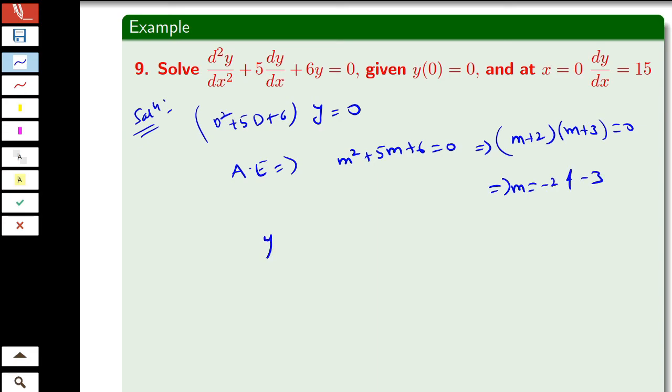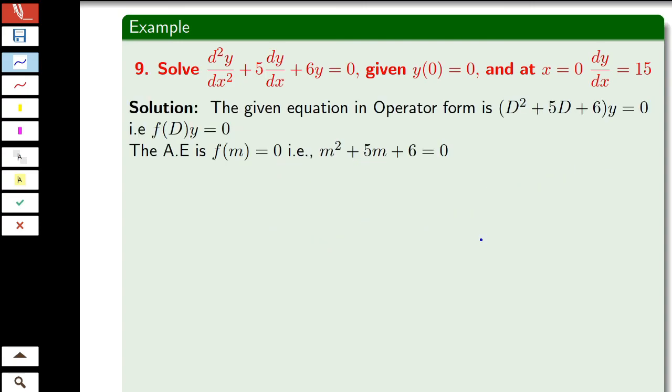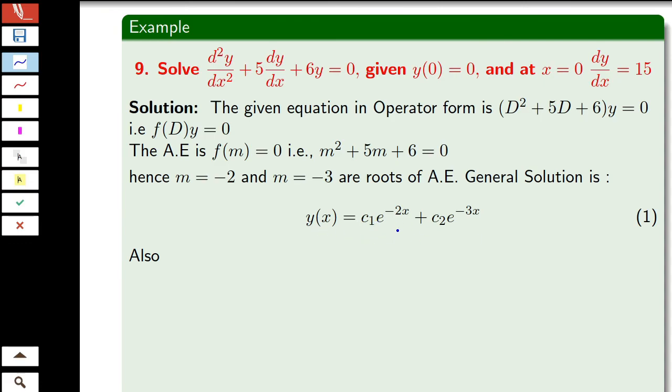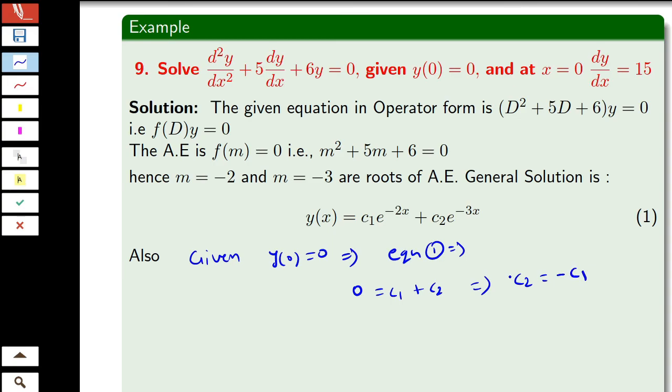Real and distinct, therefore the CF is nothing but c1 e^(−2x) + c2 e^(−3x). This is your complementary function. After getting this, what is given? y(0) = 0. In equation 1, the left-hand side is 0, e^0 is 1, so substituting x = 0 you get c1 + c2 = 0, so c2 = −c1.